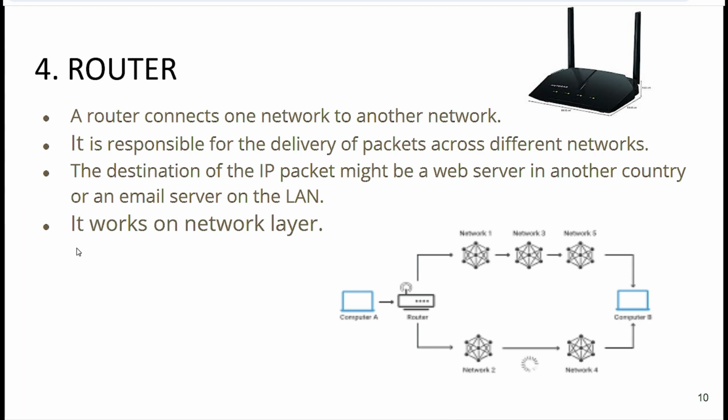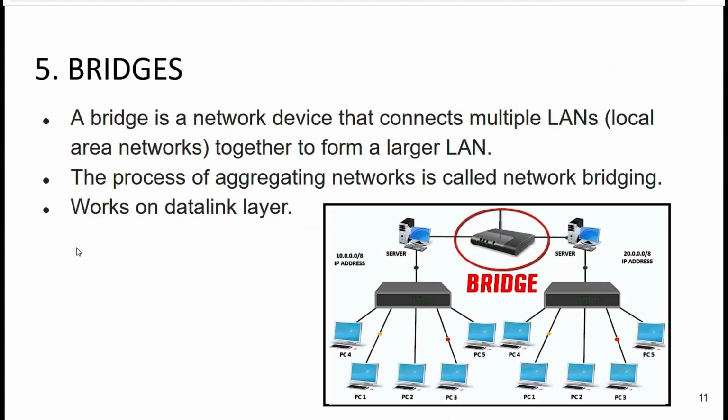So mainly the function of the router is to find the best path to send the data packets from source to destination, and it works on the network layer. This is about the router. The next networking device is the bridge.